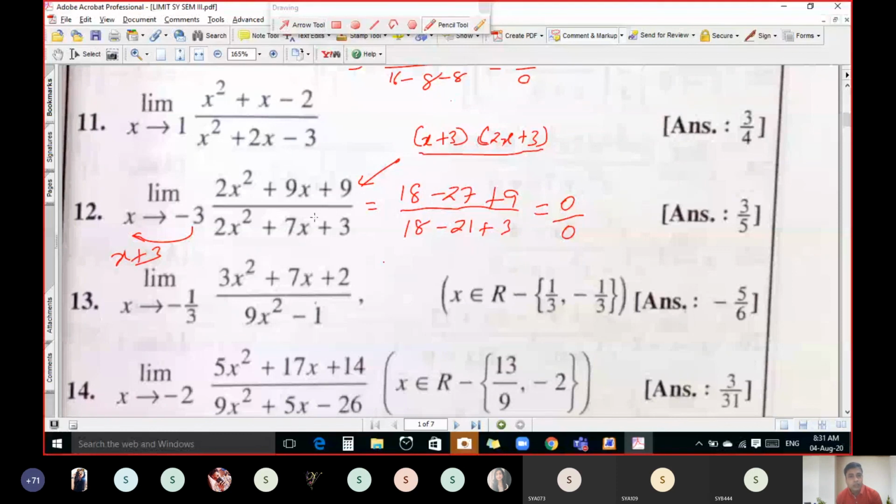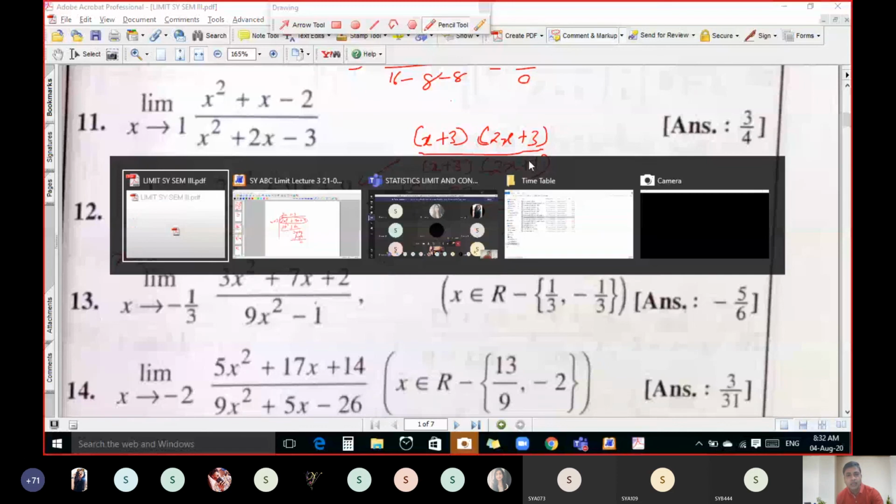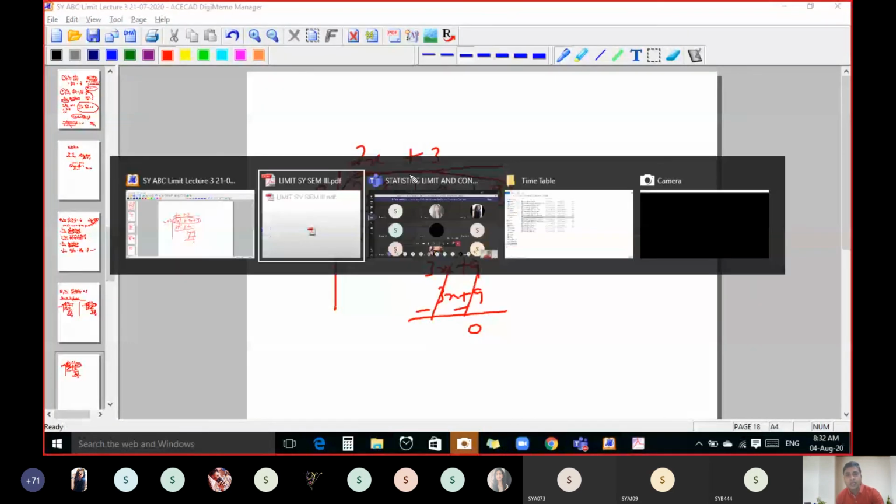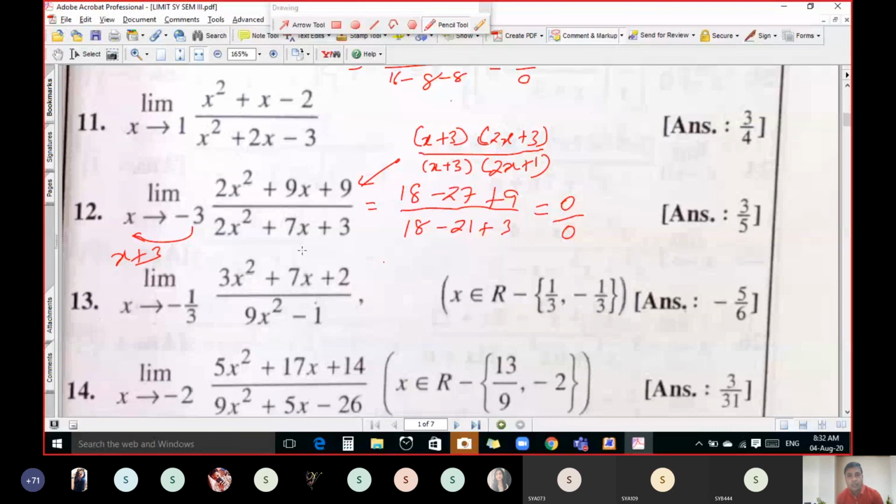You will get the same thing, x plus 3, one factor, and the other factor, if you apply, you will get 2x plus 1. So this is another factor. You can use this method and you will find that yes, x plus 3 and 2x plus 1 are the factors of this denominator. And now you can cancel this.